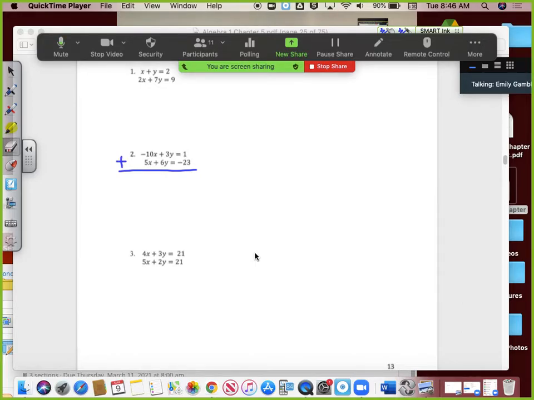I can't subtract them straight down either, because nothing's the same. So in order to solve this system, I have to take one of the equations and multiply it by a number so that it can eliminate. Your option would be to either eliminate x, and if you do eliminate x, you'll have to take this second equation and multiply it by 2.